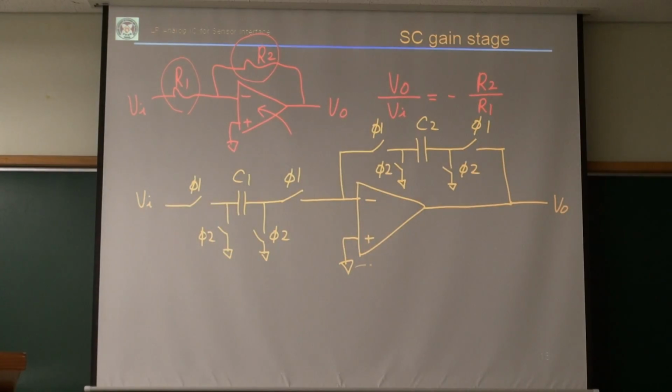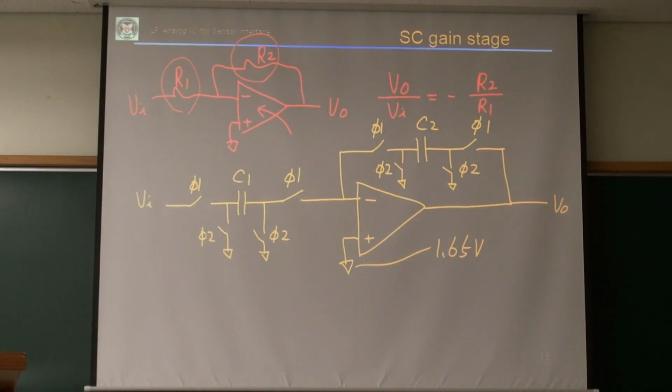This ground is actually the reference point, 1.65 volt DC. Those switches can be implemented using just a single transistor or a CMOS transmission gate, one for each switch.